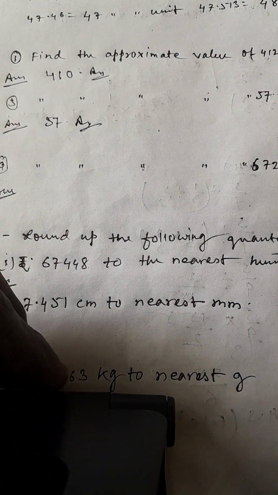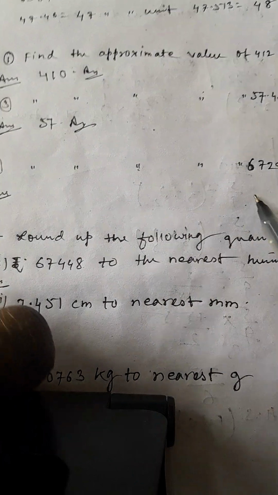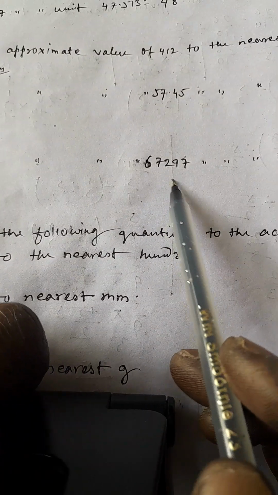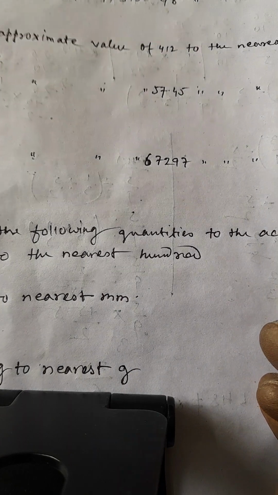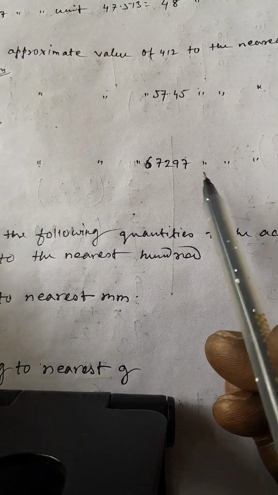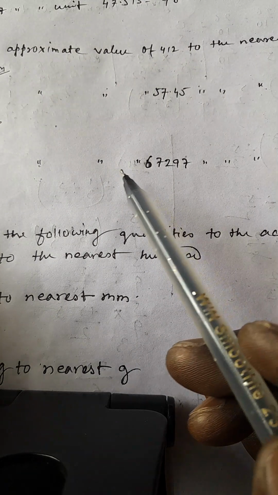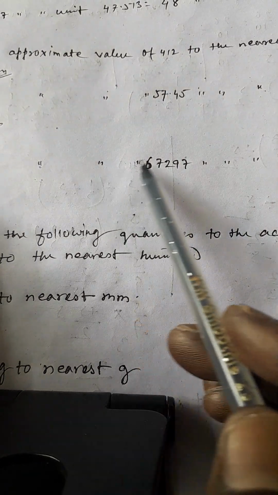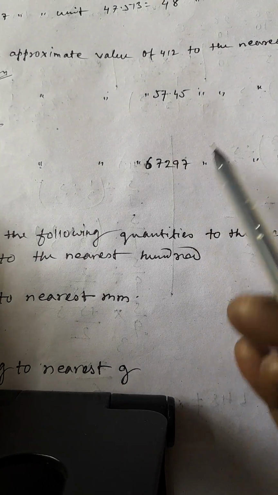In the same way, the next question is, find the approximate value of 67,297 in the unit place. This is question number 9. So in question number 9, we again have to ask the unit place. Okay, so the unit place is 7.